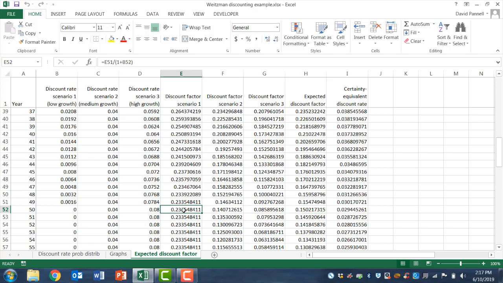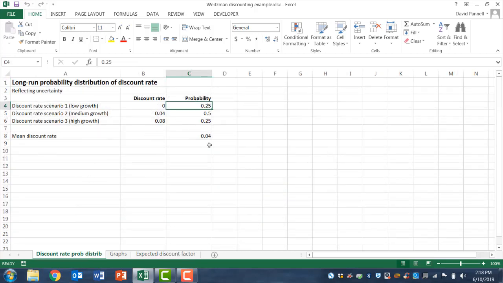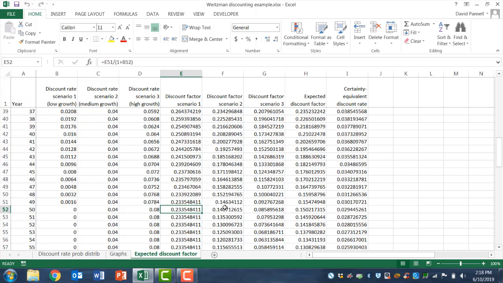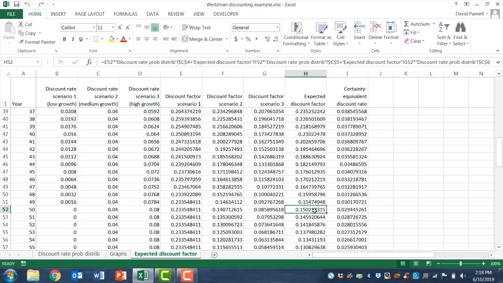It's that value times the probability of scenario 1, which is back here, 0.25, plus that value times the probability of scenario 2, which was 0.5, plus that value times 0.25 again. And so the weighted average or expected value of the discount factor is 0.15. And that gives a certainty equivalent discount rate of about 3% for year 50.